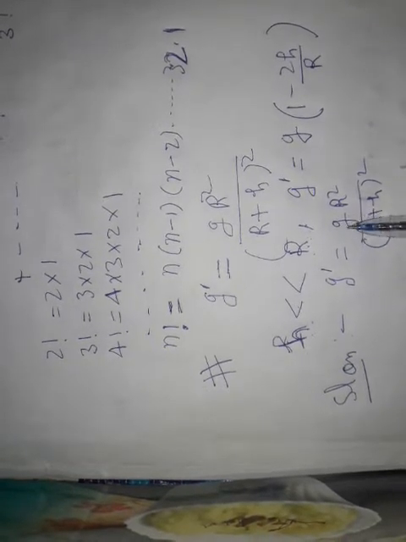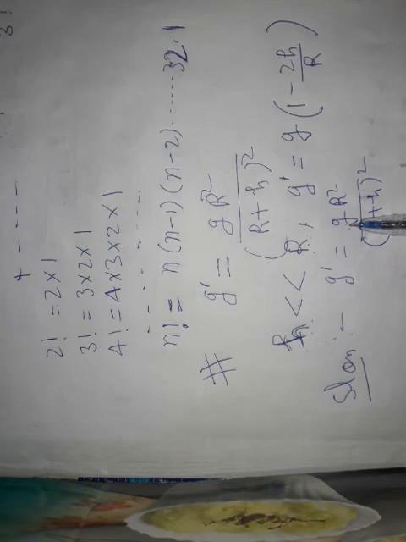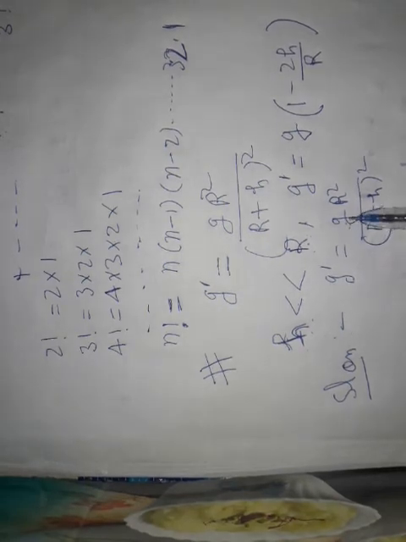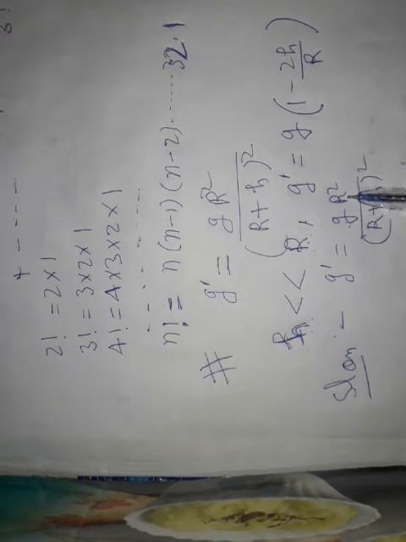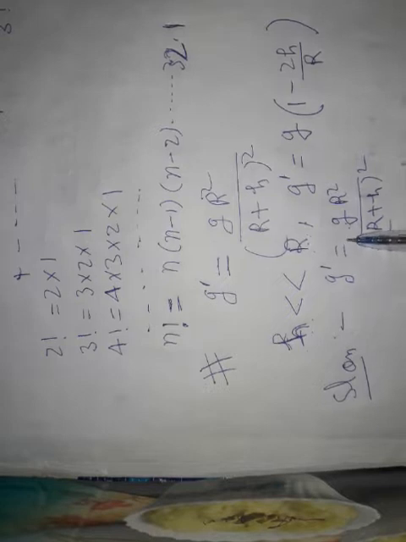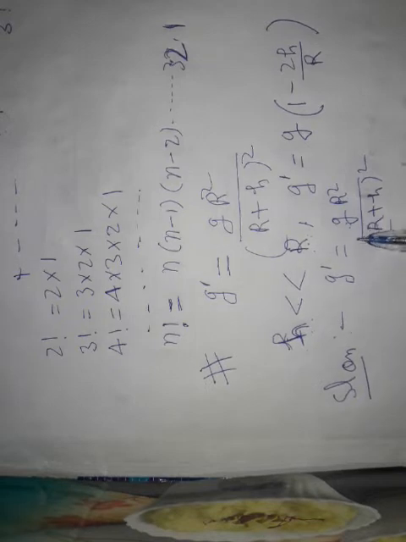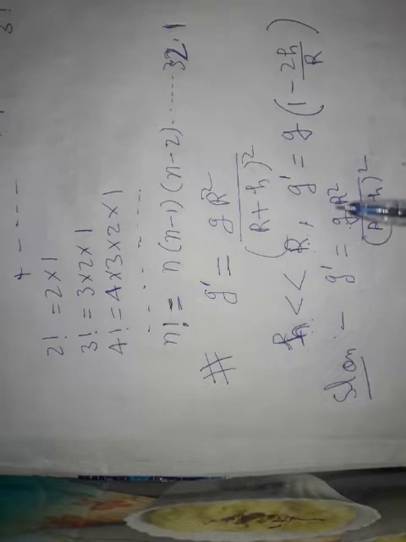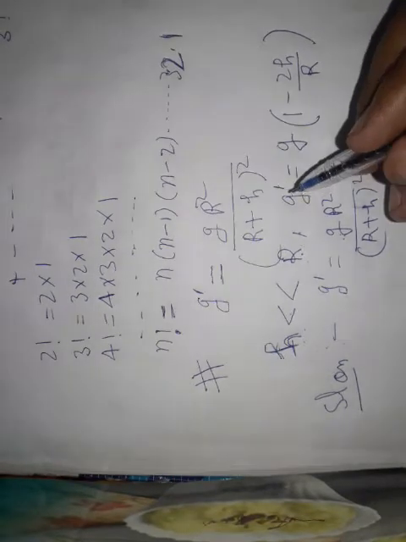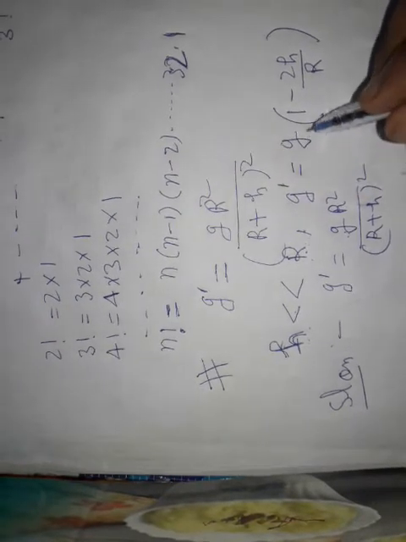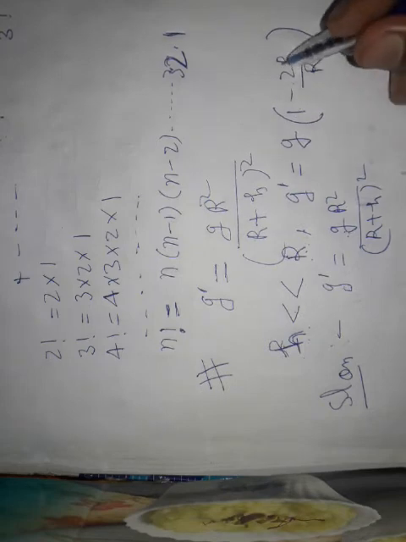Here g is the acceleration due to gravity, R is the radius of Earth, and g dash is the effective value of acceleration due to gravity at the height small h from Earth's surface. And we have to prove that g dash equal to g within bracket 1 minus 2h upon R.